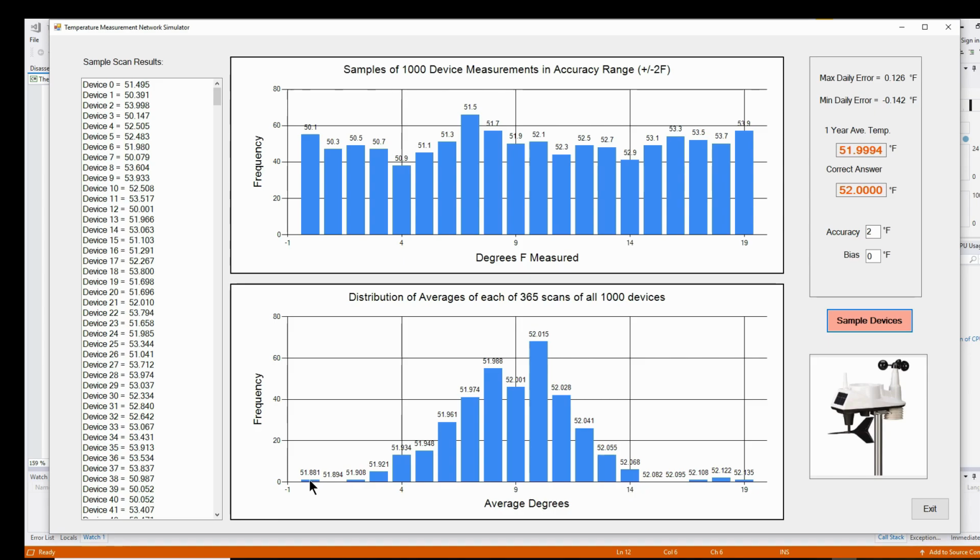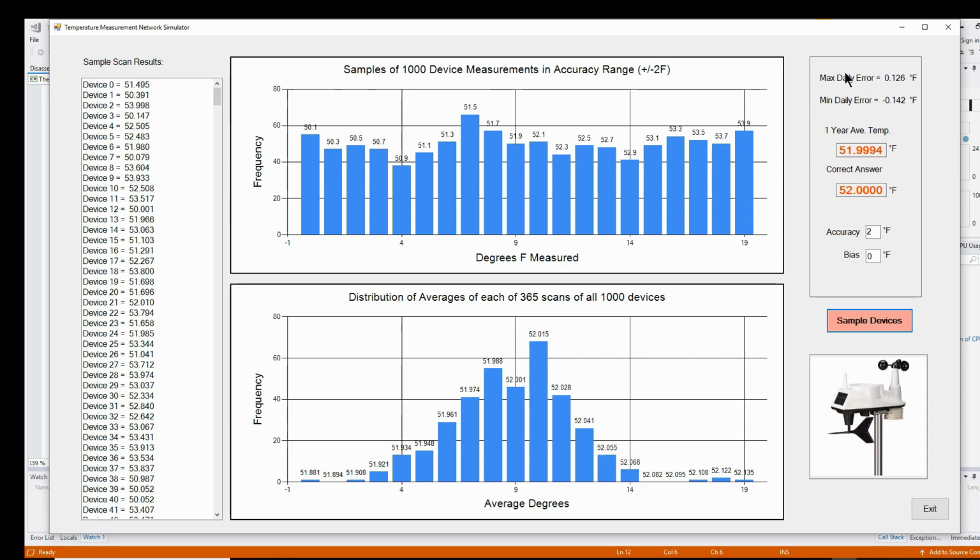While the readings were between 50 and 54, the averages are between about 51.8 as a low and 52.1 as a high. So the averages are now quite a bit better than the actual readings.